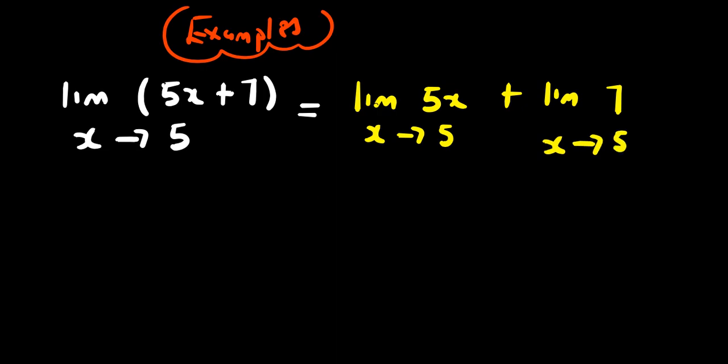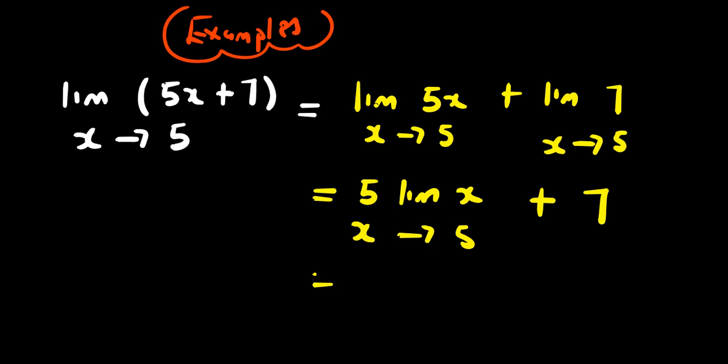Then you just solve. Now if you have a constant like 5x, you can take the 5 to be here. So what we are going to have now is 5 times the limit of x as x is approaching 5, plus then the limit of a constant. 7 is a constant, so the limit of a constant will just be that same constant, which is 7 in this case. Then how are we now going to solve this?